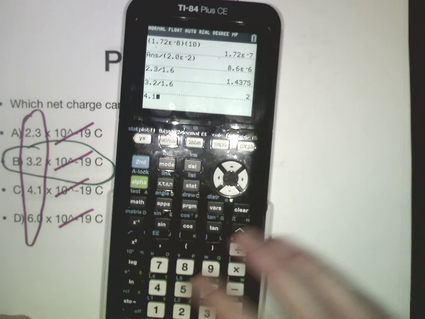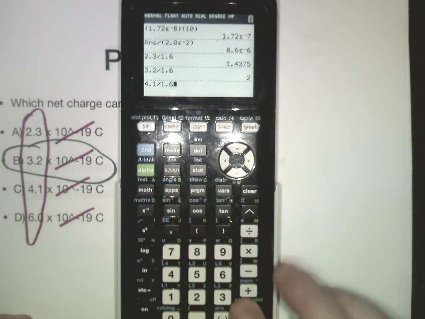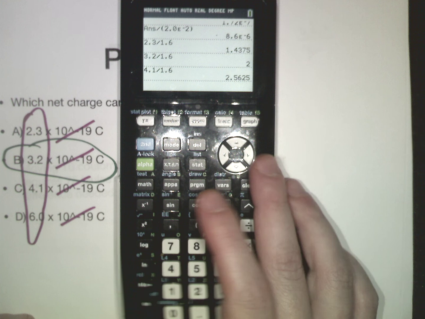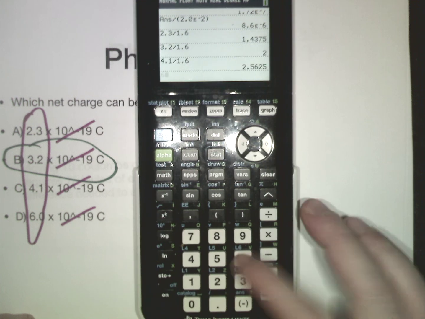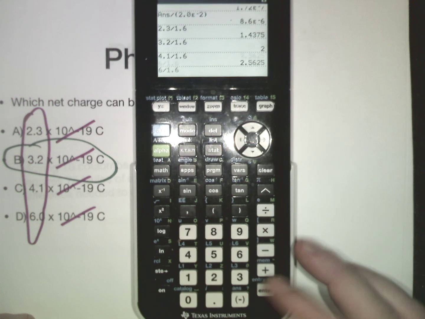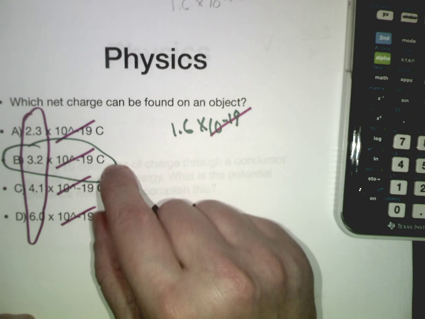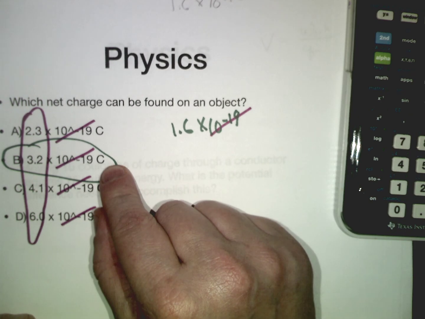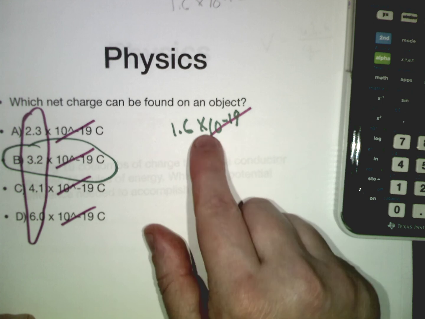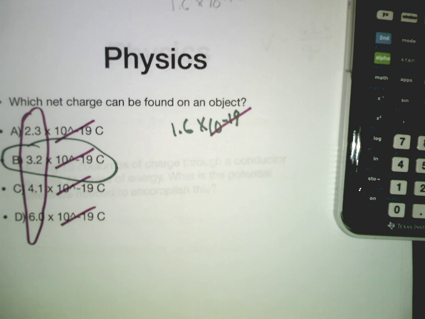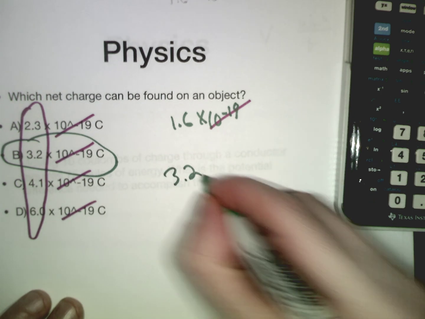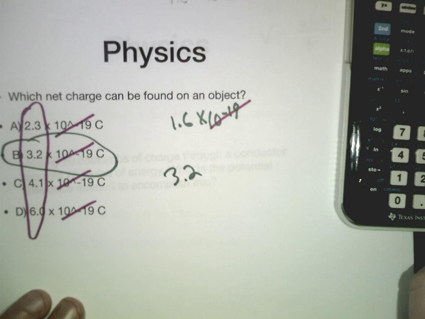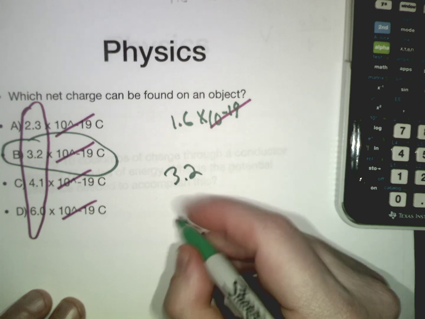If I do the other ones, 4.1, you'll see I'll get a decimal divided by 1.6, right? Or 6.0, decimal. So they have to be whole number multiples of 1.6. That's the only way. So you can have 3.2, 1.6 times 3, another one, let's see, 4.8.